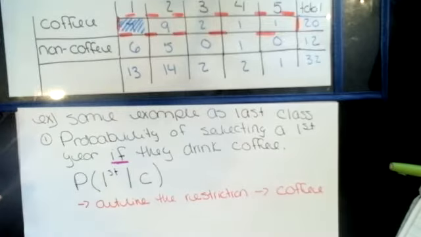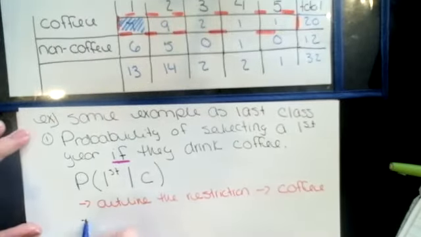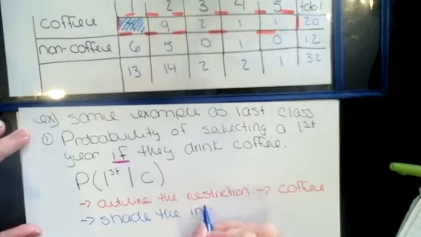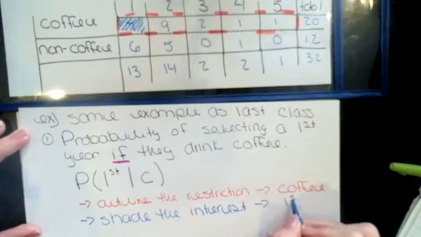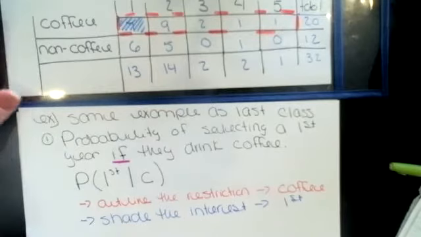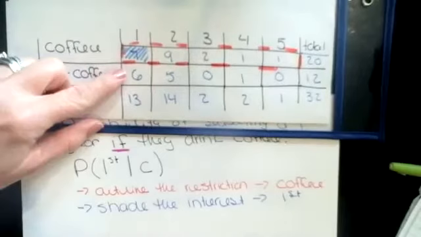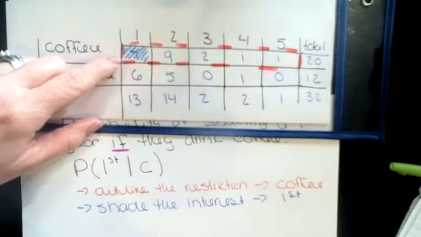And we're going to shade within that outline the interest. And that's going to be my first year students. So we can see that I did that already. I outlined and I shaded.